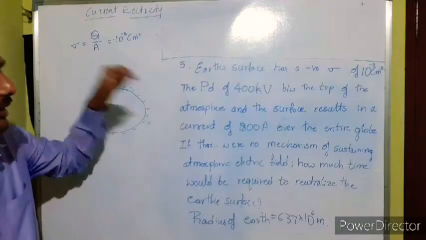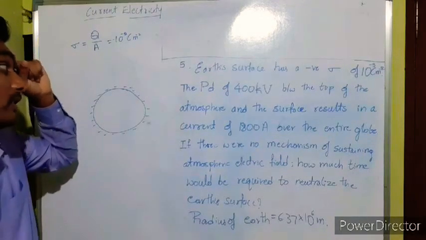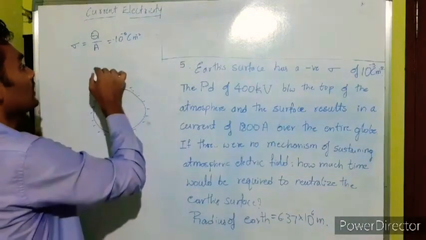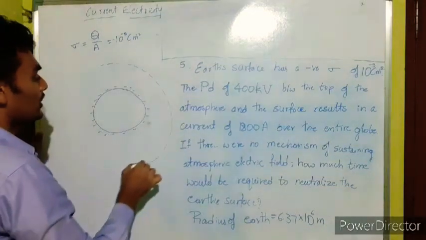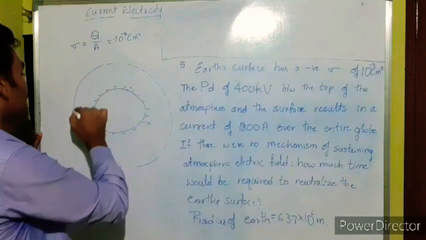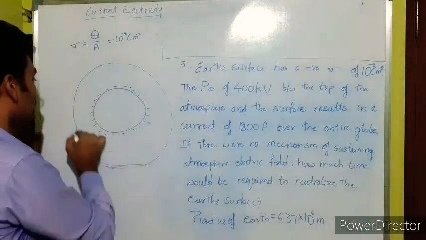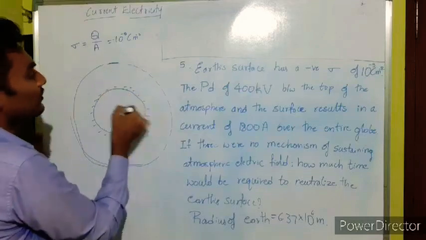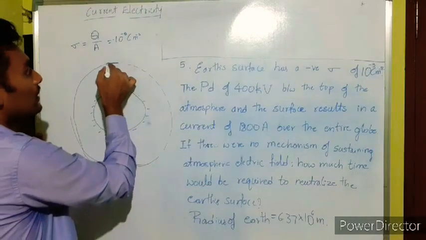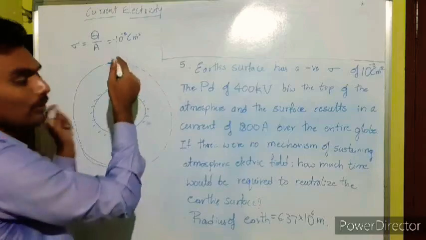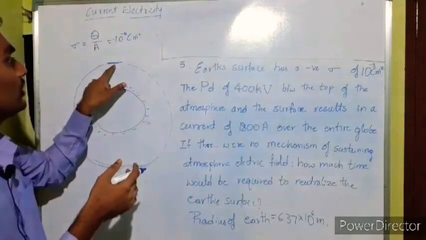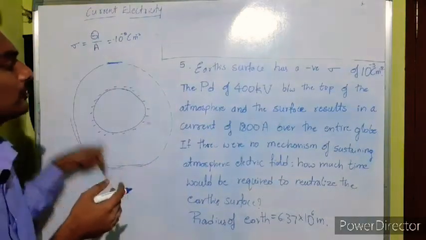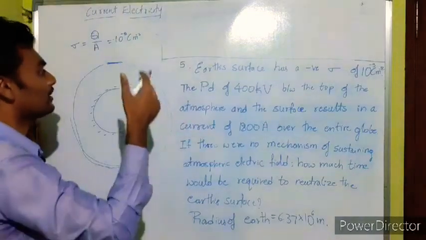And the potential difference of 400 kilovolt between the top of the atmosphere and the surface. We all know that our Earth is surrounded by atmosphere, different layers of it, right? Here on the surface is negative charge, and at the top we don't know what kind of charge will be there, or whether charge will be there or not.